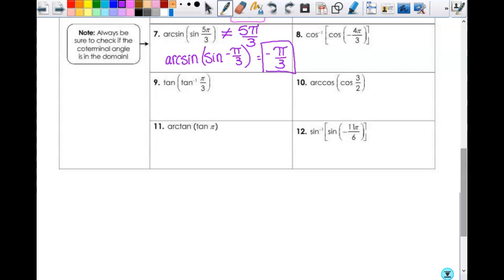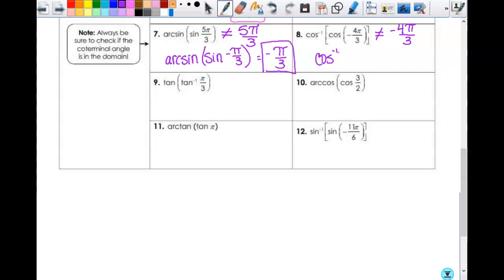Yes, the reciprocals, yes. Okay, so cosine inverse of the cosine of negative 4π/3. Does that equal negative 4π/3? No. Okay, so it does not equal negative 4π/3. We at least know that much. So we're just going to go ahead and find this value. So first of all, what is the cosine of a π/3 angle? 1/2, right?